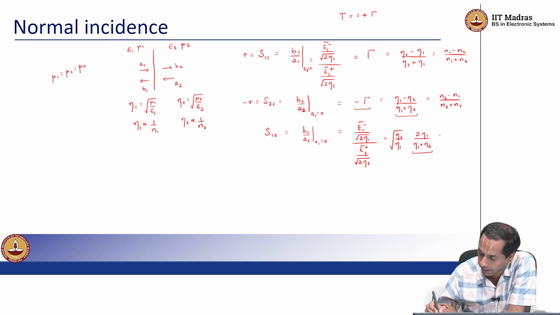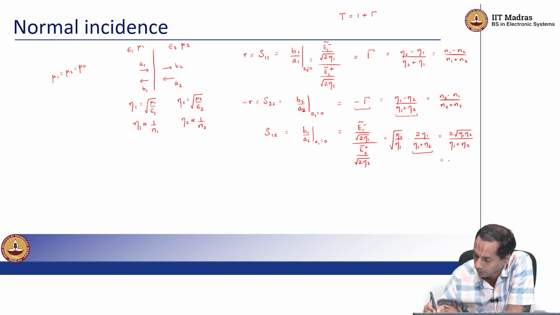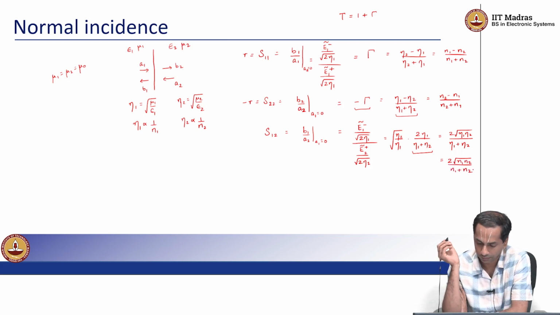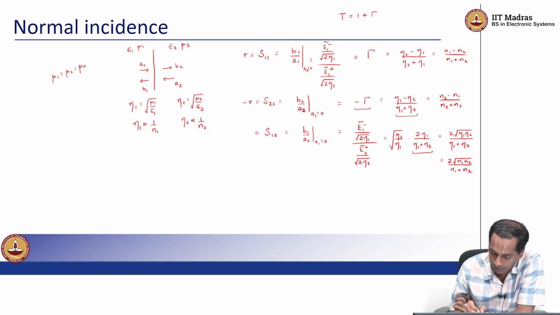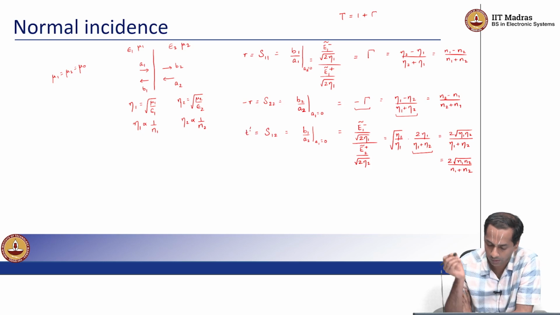So I notice that I get an expression 2 square root of eta 1 eta 2 divided by eta 1 plus eta 2. This also looks the same for the index case, 2 square root of n1 n2 by n1 plus n2. We'll call this some t prime. Okay.